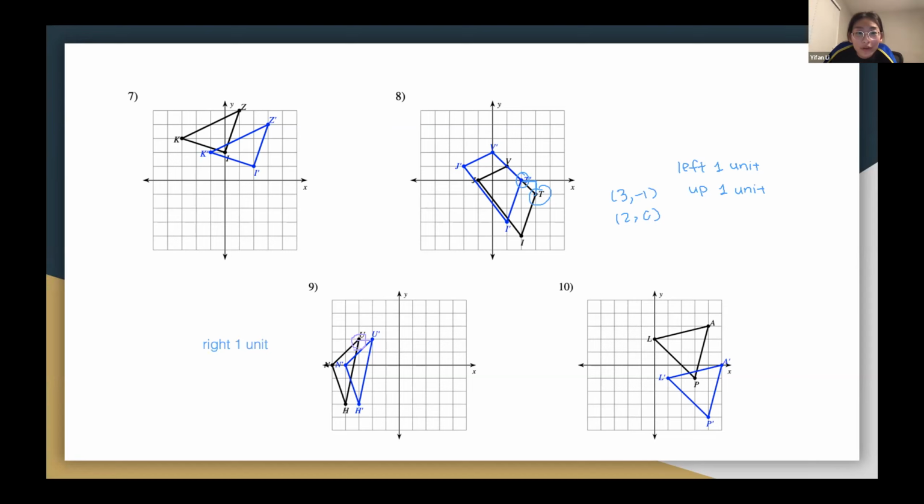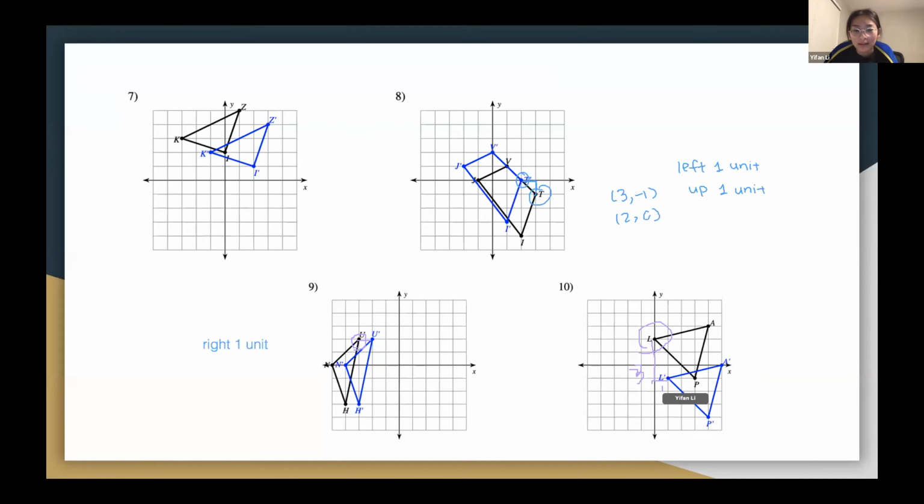For number 10, we pick 1 point, for example L, and we can see it goes down 1, 2, 3, which is 3, and then to the right 1.